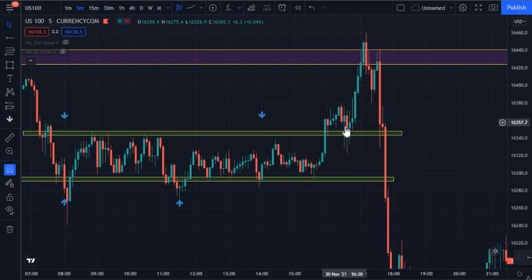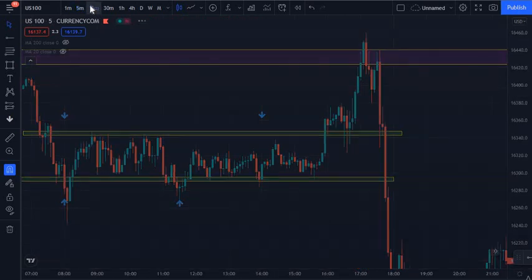So we see price push down to the downside, and obviously it's doing a full candle at this moment, so we're not sure if price is still going to go to the upside. So we have to wait until it elapses and shows us in which direction it's going. So you see price push down, we get to our next candle. This is the 5-minute candle. These two candles here are the 15-minute candle.